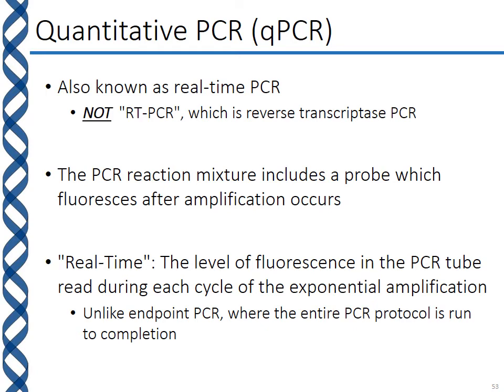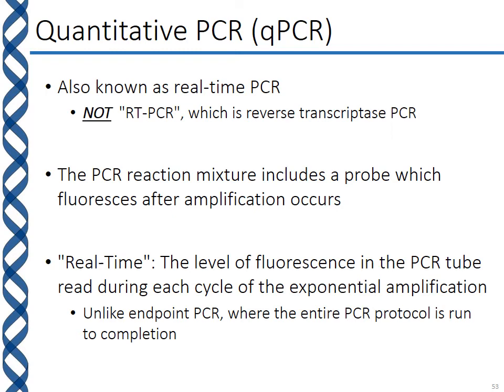qPCR incorporates a fluorescent probe into the PCR mixture. It's called real-time PCR because at each stage of the PCR amplification, the level of fluorescence in the PCR tube is detected in real time.